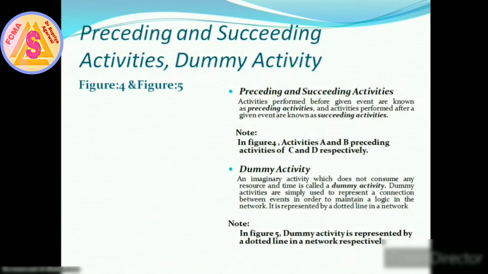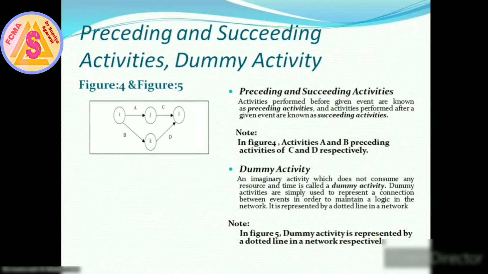Now we are moving to discuss preceding and succeeding activities. Activities performed before a given event are known as preceding activities, and activities performed after the given event are known as succeeding activities. As you can see in figure 4, there are 4 activities: activity A, activity B, activity C and D, represented by arrows.